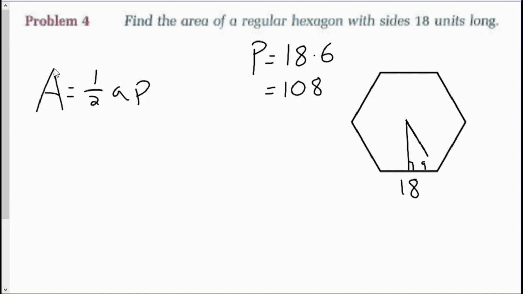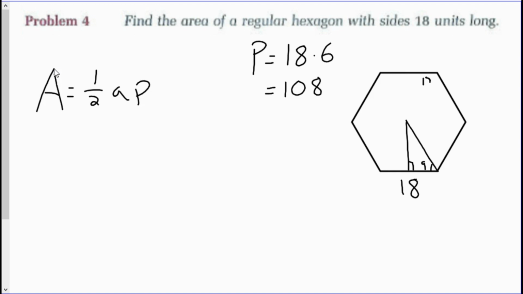Now if I draw in a radius, I create a right triangle. I can find the measure of this angle by dividing the measure of a regular hexagon's one angle by 2. I know a regular hexagon has 6 angles and that a regular hexagon will be 720 degrees. So 720 degrees divided by 6 is 120 degrees.